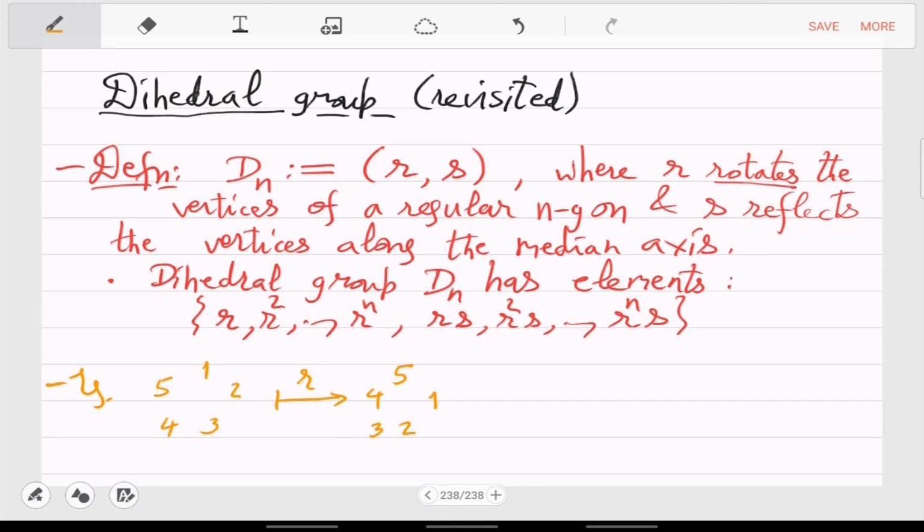So in the permutation cycle notation, we can write this as 1 is going to 2, 2 is going to 3, 3 is going to 4, and 5 is going to 1, right? It is a single cycle of length 5. What will S do?